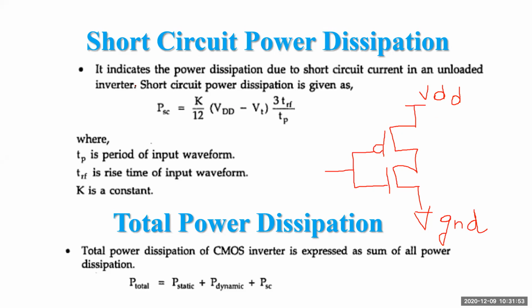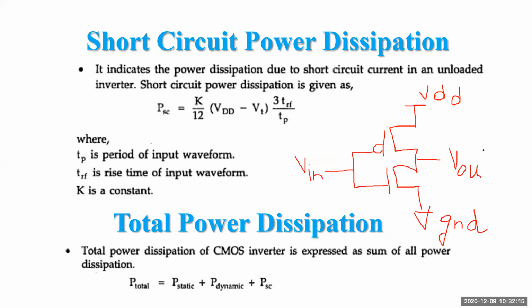Now see, in the short circuit current, whenever you supply some input voltage, you are giving some input at the gates of the two transistors.